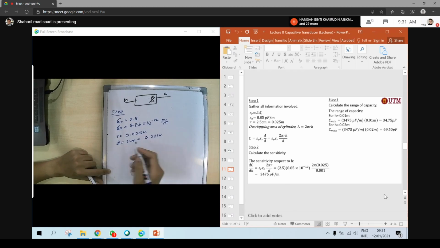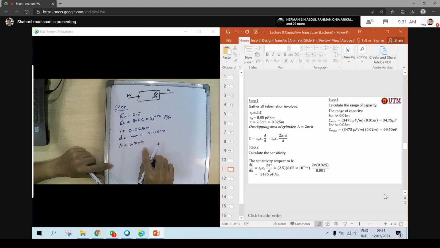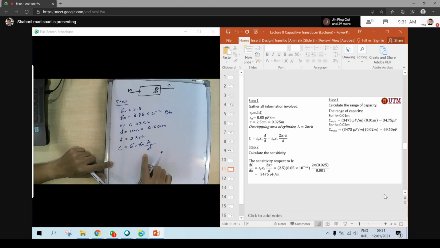The area of the cylinder is 2 pi r h. The formula for capacitance is epsilon r epsilon naught area over D, the standard formula.